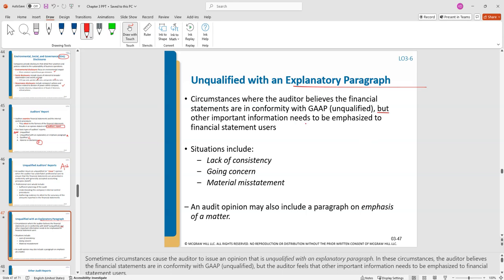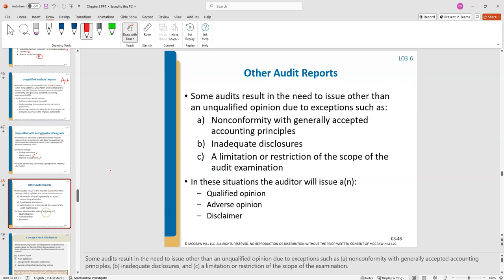So things like maybe lack of consistency, where they changed accounting methods from last period to this, which makes consistency hard. There's a going concern, maybe they're not going to be able to pay their debts, or there's some type of material misstatement.